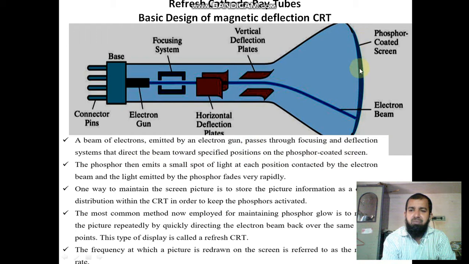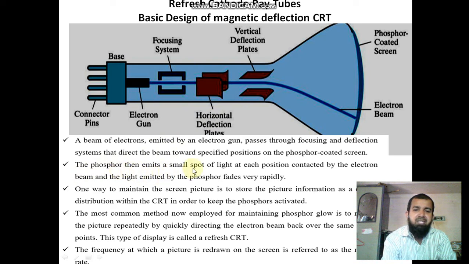The beam starts from the electron gun, moves towards the focusing system and deflection plates, and then towards the phosphor coated screen.